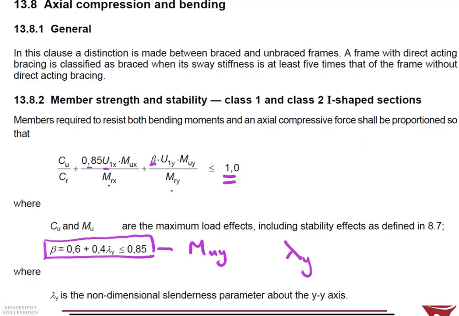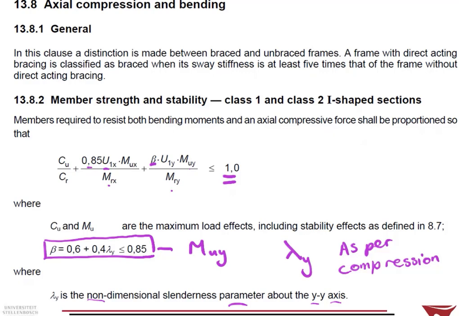And lambda y is the non-dimensional slenderness parameter about the y-axis as per compression. So you can get that from previous calculations for compression members.